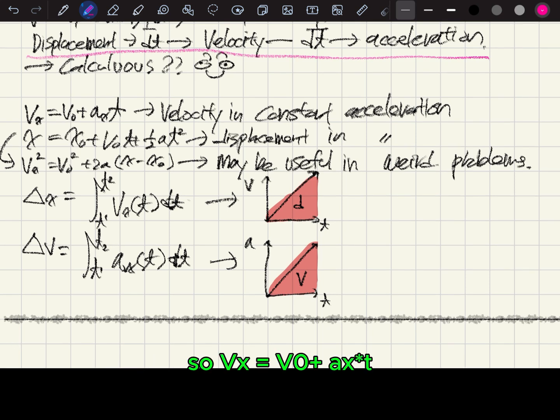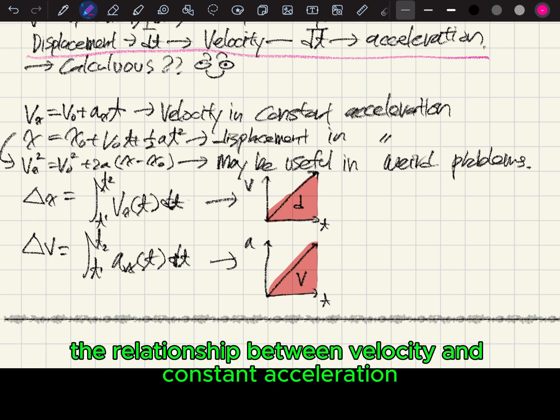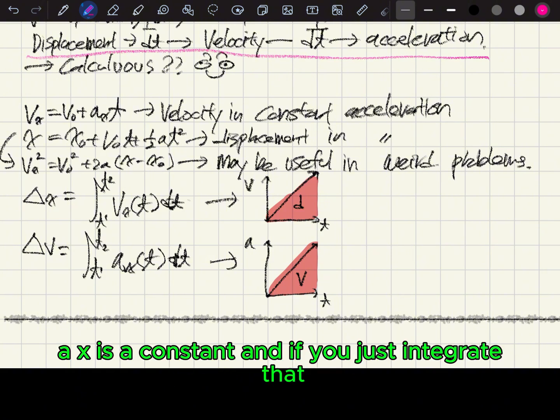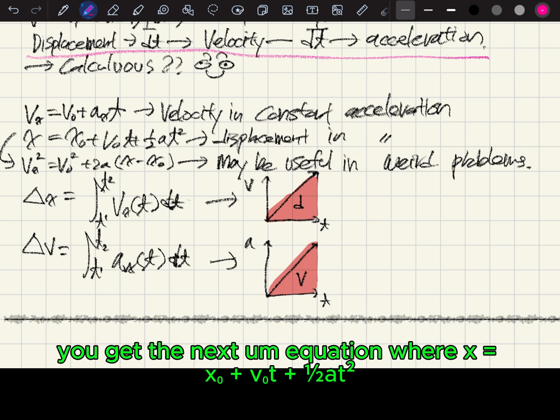So Vx equals V0 plus axt. It's basically the relationship between velocity and constant acceleration. So as you can see, ax is a constant. And if you just integrate that, you get the next equation where x equals x0 plus v0t plus 1/2 at squared.